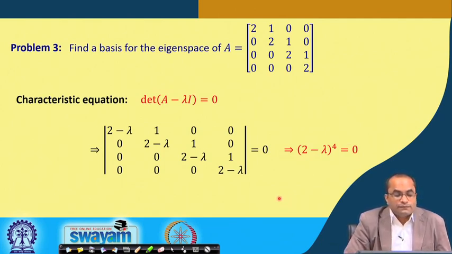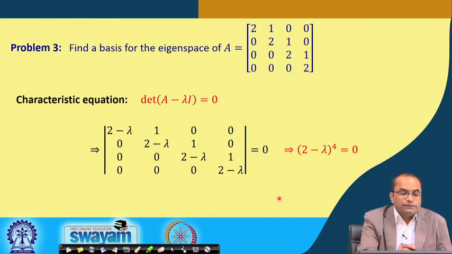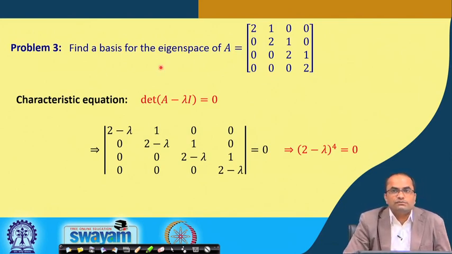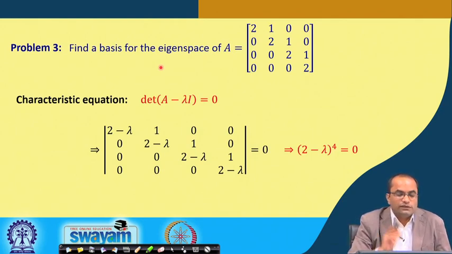Now we want to compute the eigenspace, meaning the set of all eigenvectors, and when we include 0 also, that is called the eigenspace corresponding to the given eigenvalue. Here the eigenvalue is 2, which is repeated 4 times.